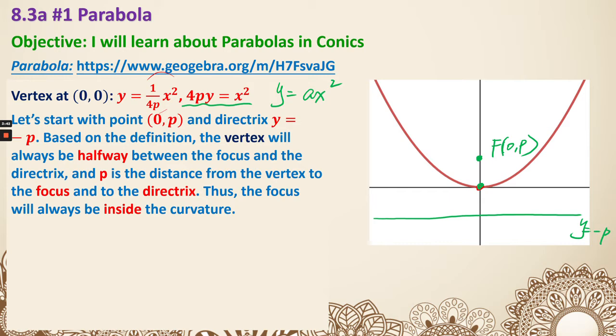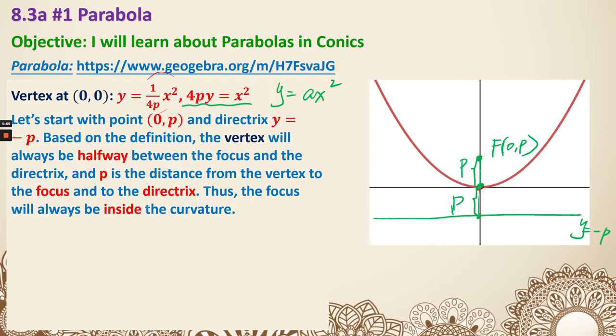So the vertex is right in between. This distance and this distance will be the same. The vertex is basically the midpoint of the focus and this point on the directrix, and they are both p away from the vertex. In other words, the distance from the vertex to the focus and to the directrix would always be p.